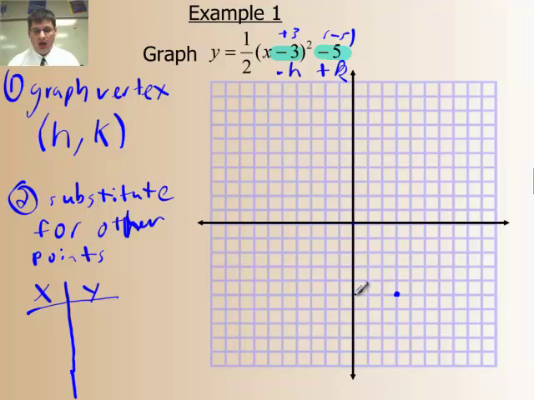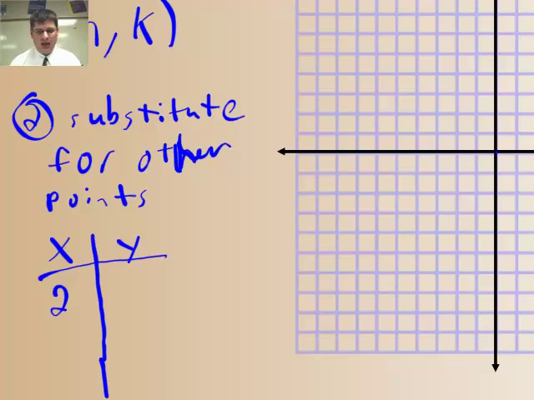So let's start off. I'm going to start one point to the left of our vertex, so I'll go with 2. I don't want to necessarily always get the next point over. It's good to see if you can skip one and then choose that one, but you don't want to go too far over because your value is going to get either too big or too small. So I'm not going to go with 1.